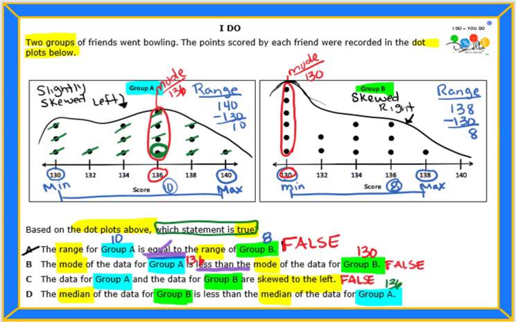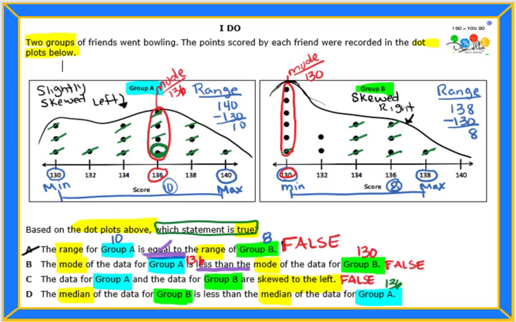So I'm going to do that for this second group. So I know that there are 15 dots. So from the top, I'm going to count 7 dots. So 1, 2, 3, 4, 5, 6, 7. And so from the beginning of the dot plot, I'm going to count 7 dots.